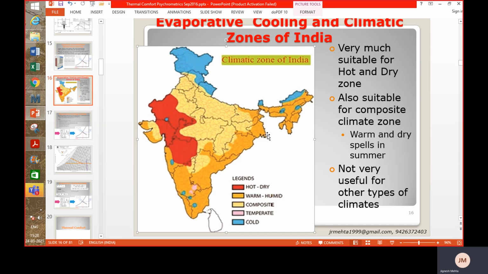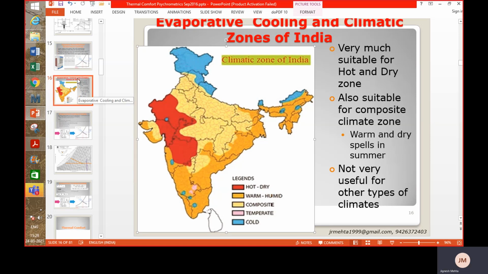Obviously, it will not be useful in many other types of climates, particularly northeast India or the coastal regions of India. It will not provide you good comfort conditions, and the device itself will not be very effective.